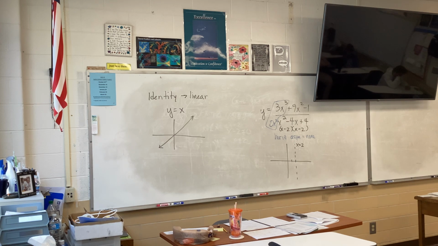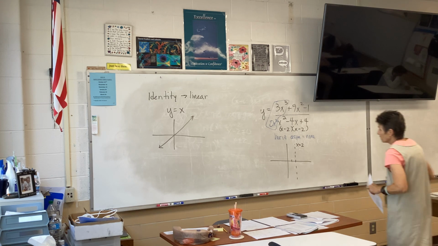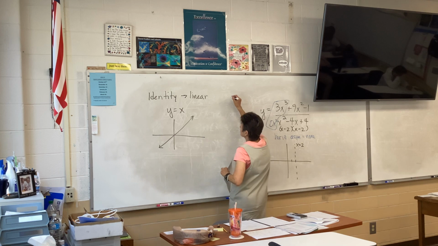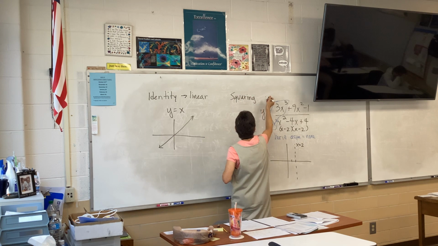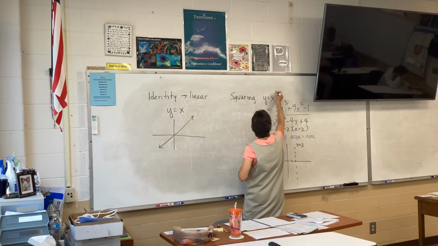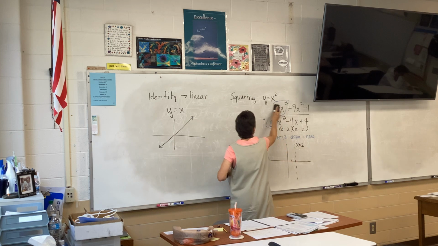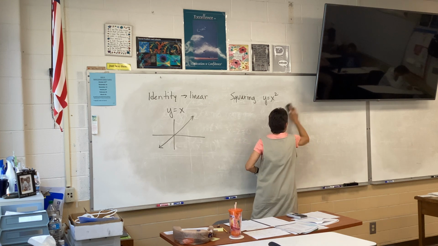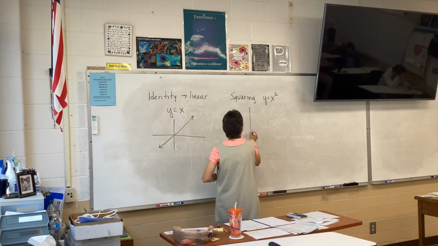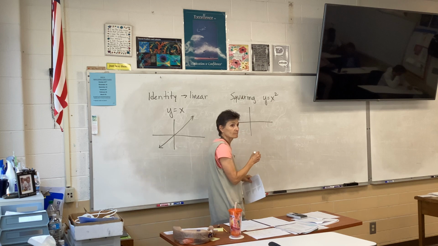Okay. The squaring function. The squaring function is y equals x squared. Shouldn't be too hard for you to remember that one. Anybody know the shape of the squaring function?